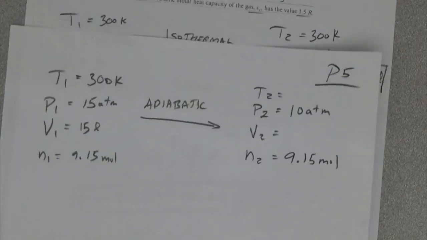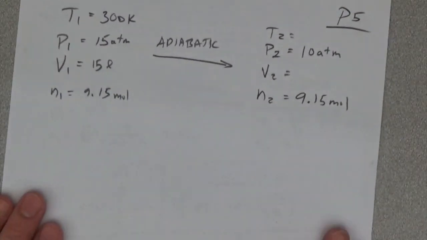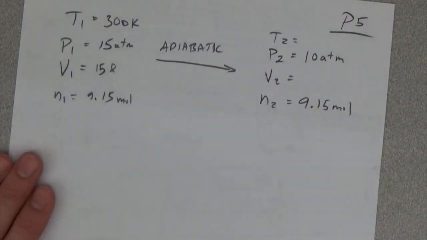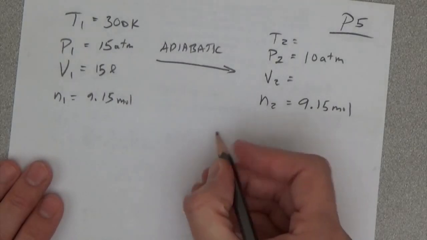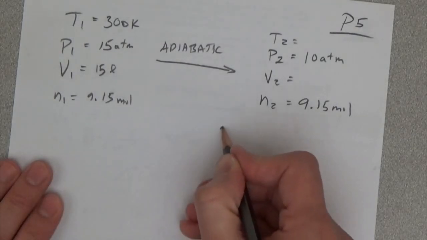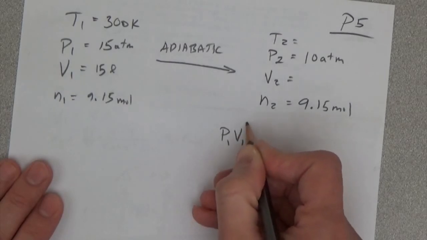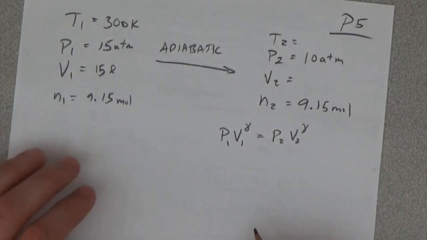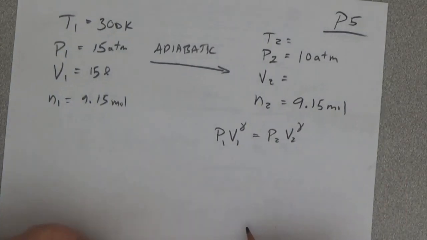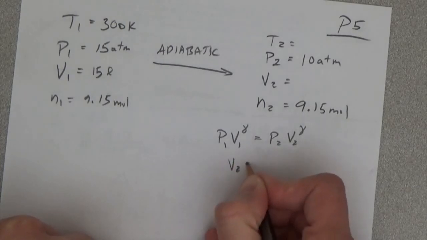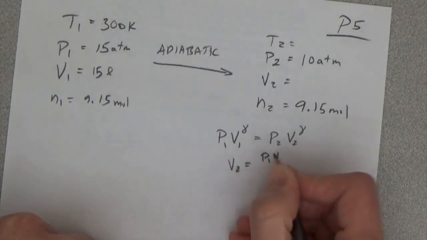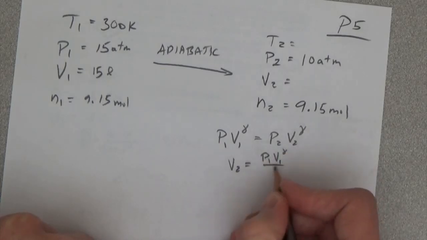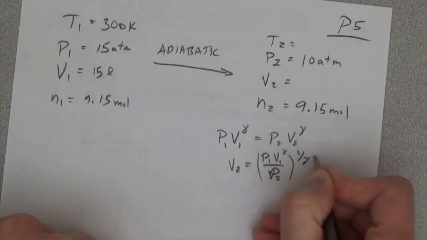Okay, well, since it's adiabatic, we have that P1 V1 to the gamma is equal to P2 V2 to the gamma, right? And that means V2 is equal to P1 V1 to the gamma over P2, all raised to the 1 over gamma.